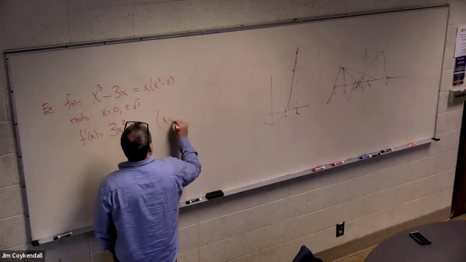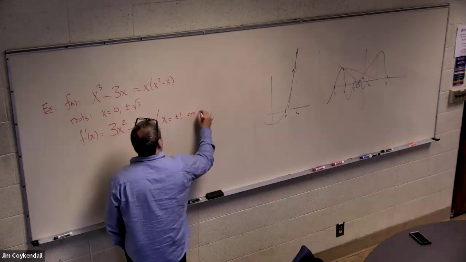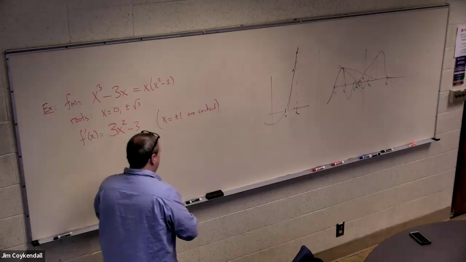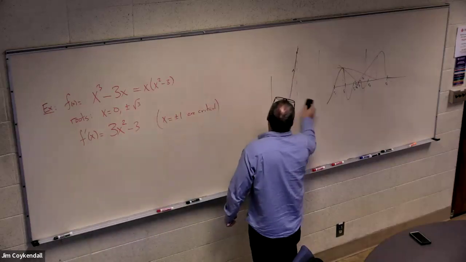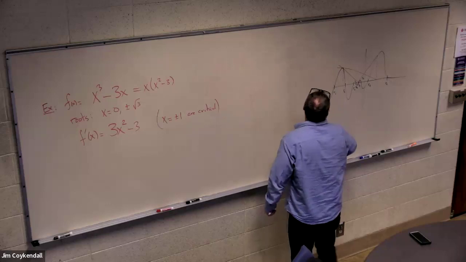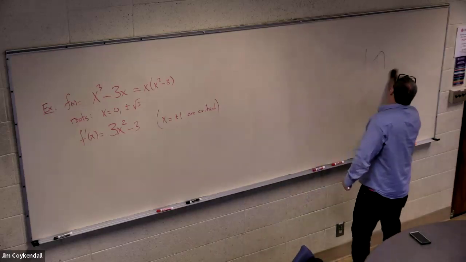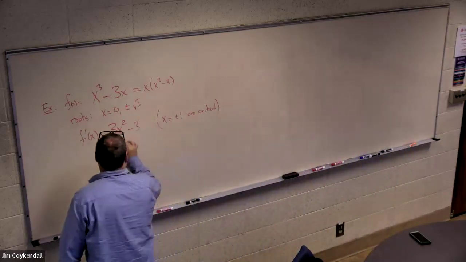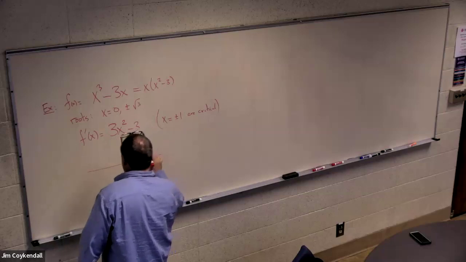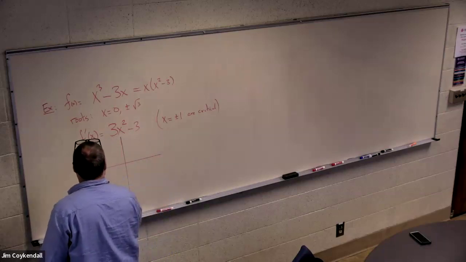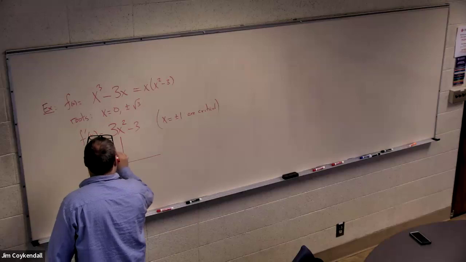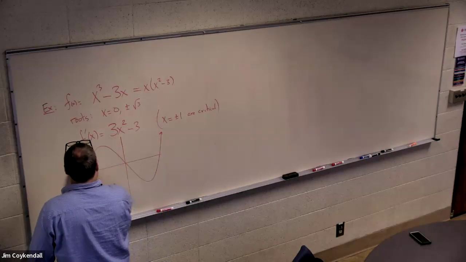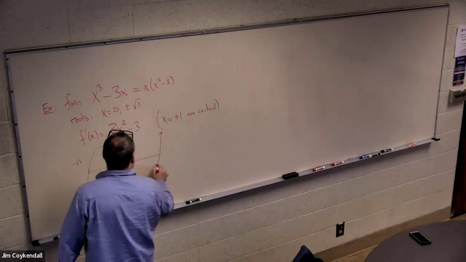So x equal to plus or minus 1 are critical. And minus root 3, that's 0. Right.